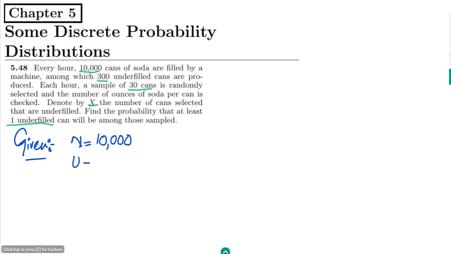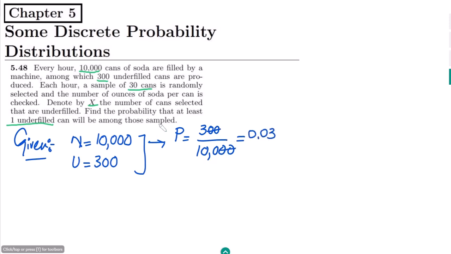Let me represent them with U. Because the total is very huge, in order to find the probability of underfilled, we write the total number of underfilled divided by 10,000. It will be 0.03.